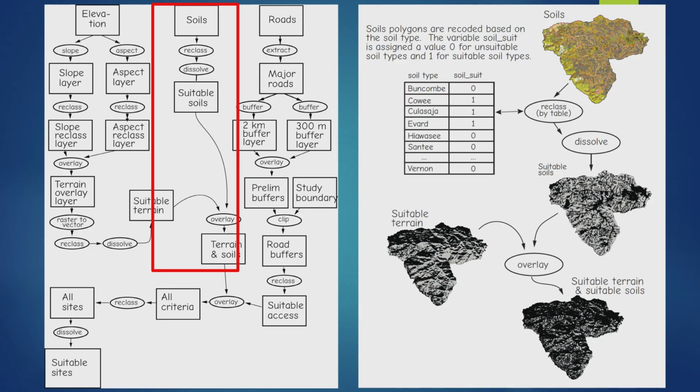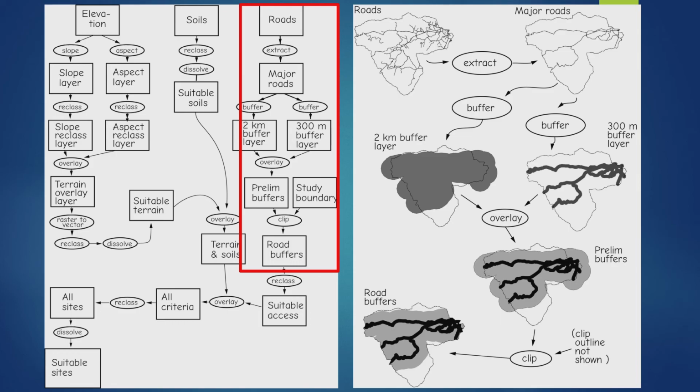Here, in the overlay, all we're doing is taking the suitable terrain and the suitable soils and combining those two into a single layer. All right, next slide. So now we're looking just at the roads. We do both a 300 meter buffer and a 2 kilometer buffer. So we've got two buffers, and we have to do an overlay between those two buffers.